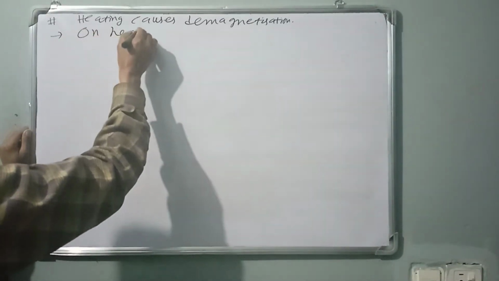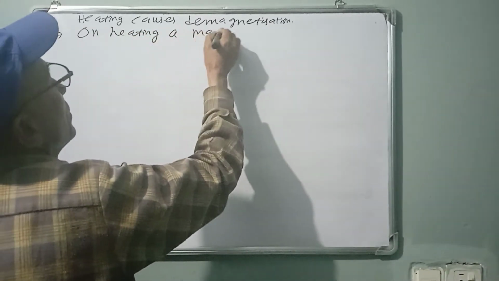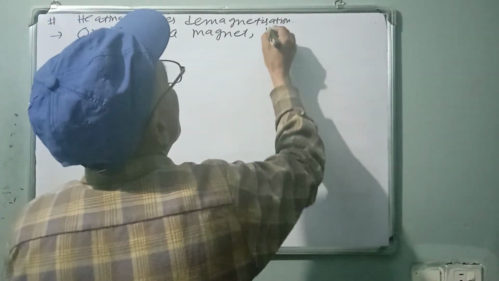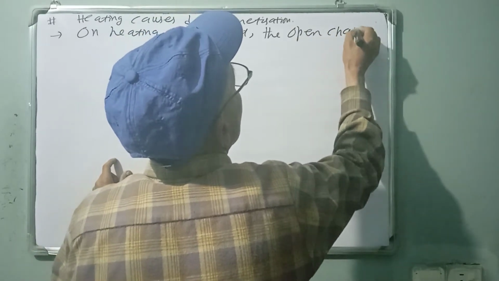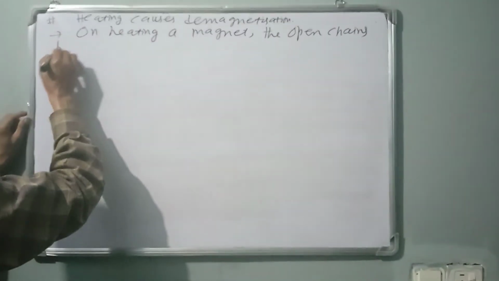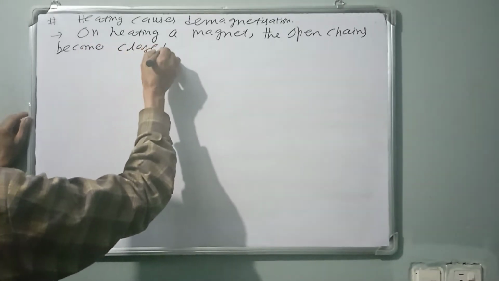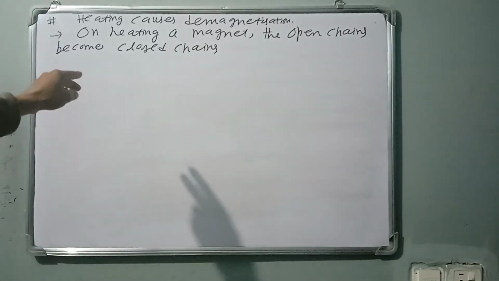On heating a magnet, what happens? The open chains become closed chains.